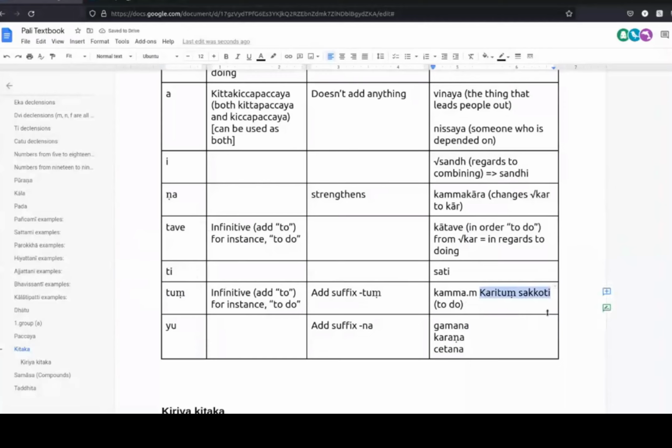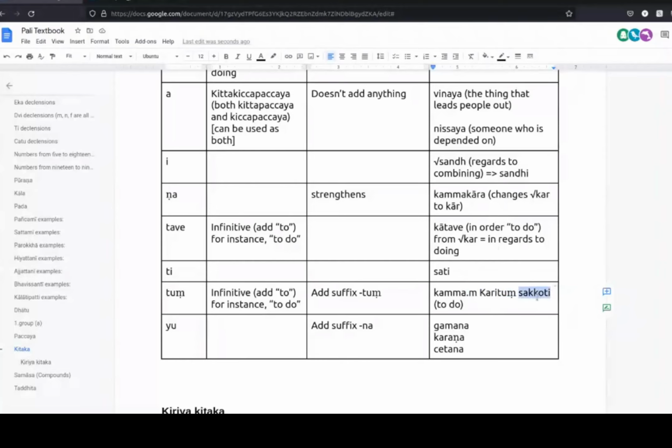This would be a sentence. This means he or she is able, that's what this word means, to do kamma. So this, it's the infinitive form of a verb. It's not actually like the ones that we've been studying. It's a whole different sort of word, used in a whole different sort of way. And it's used only in very few sentences.